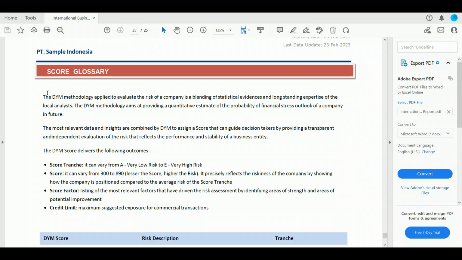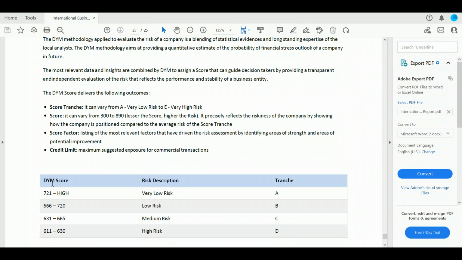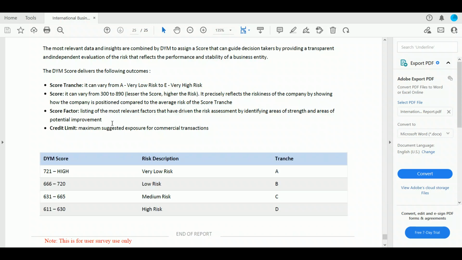And last part will be the score glossary. Usually the higher the score, the lower the risk. So it's just some basic information for the report users to quickly identify what is the risk level for the company.